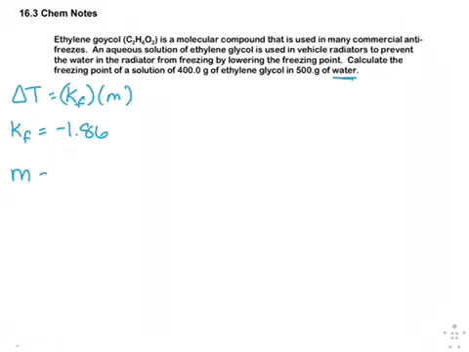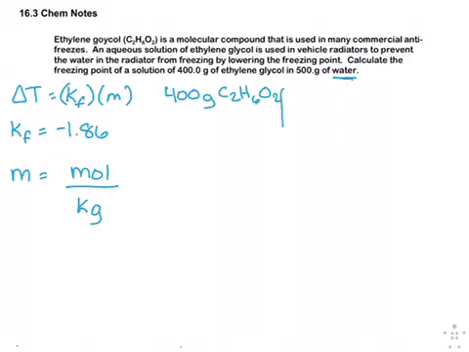So then we need to calculate the molality. Well, the formula for molality is moles over kilograms. Do we know the moles of our substance? Does it tell us how many moles of that C2H6O2 there is? Nope, but we can figure it out because it tells us we have 400 grams of it.